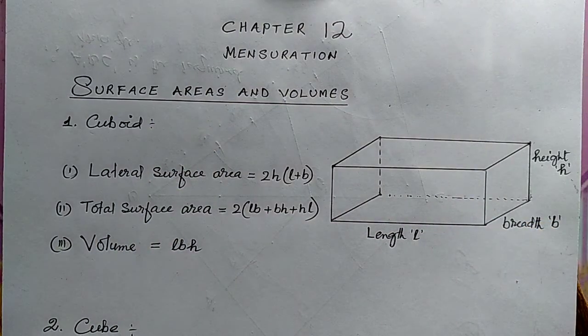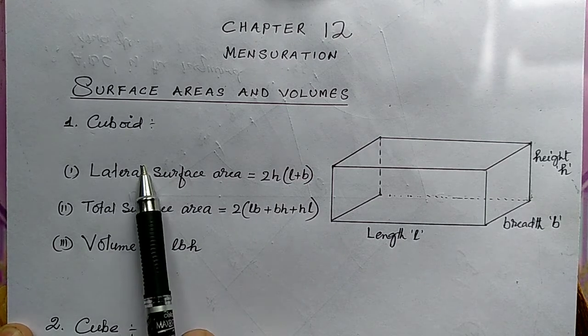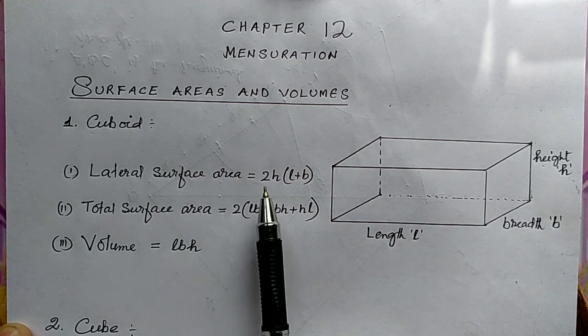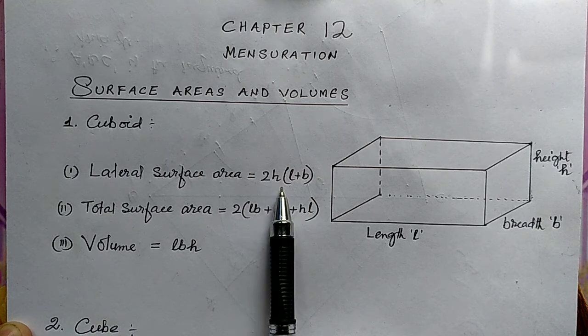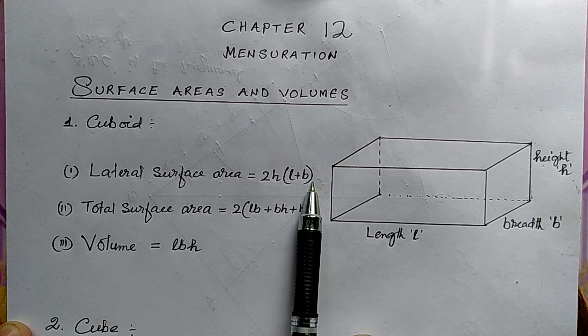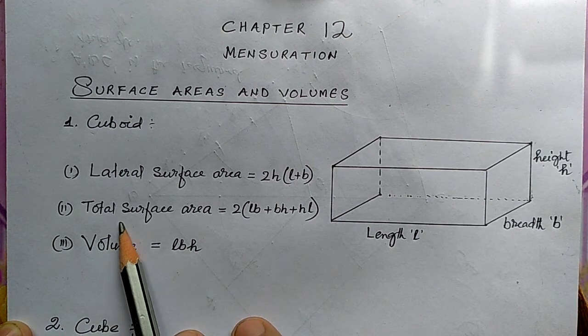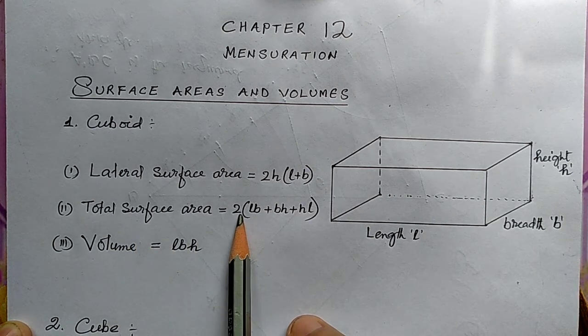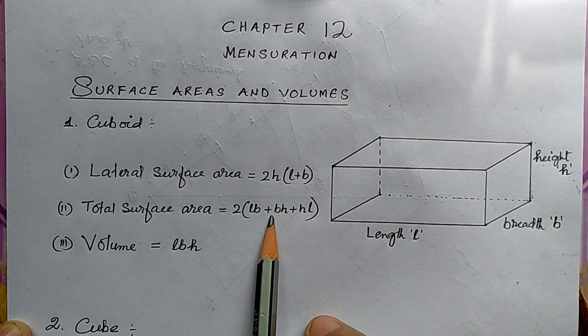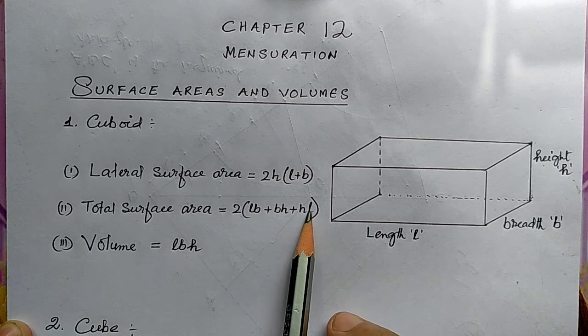Now here we have two types of surface area. The first one is lateral surface area, whose formula is 2h times (l plus b). And we have another surface area, which is total surface area, which is 2 times (lb plus bh plus hl).